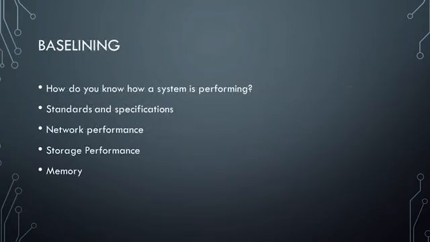Baselining. So how do we know that a system is running optimally? This is what we do all the time. So if we want to go out and figure out what the latest performance specs are on a new car or on a new camera or anything, that's a standard of how users are interpreting their systems.